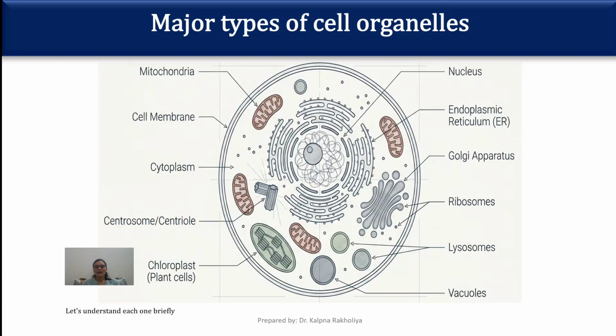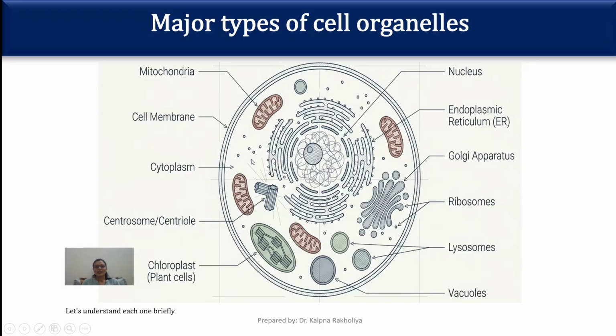For your exam point of view, I am also showing you a 2D structure. Once again we repeat: mitochondria, this is the cell membrane. If it is a plant cell, this extra cell wall is present. In an animal cell there is no cell wall, as we discussed in the previous episode. Here this is only an animal cell, so only the cell membrane is present.